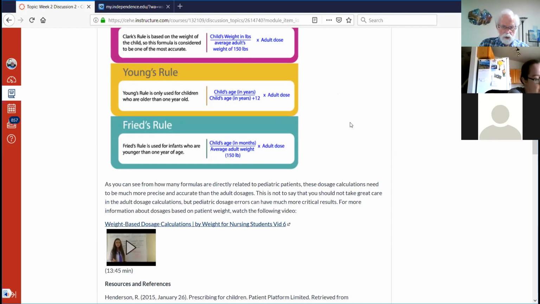That's why we have the normal height for weight versus not normal height for weight columns in the nomogram for pediatric patients, because they're not equivalent. However, in most cases, we can use any of these rules.